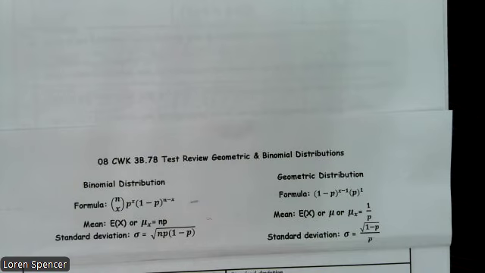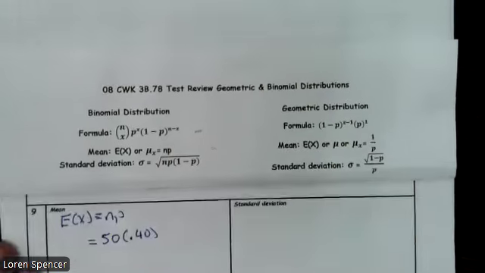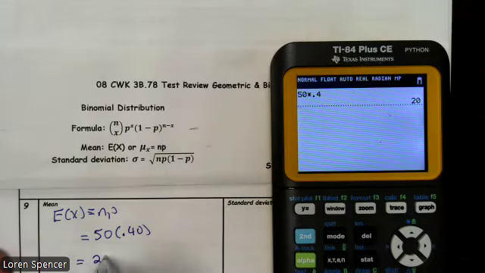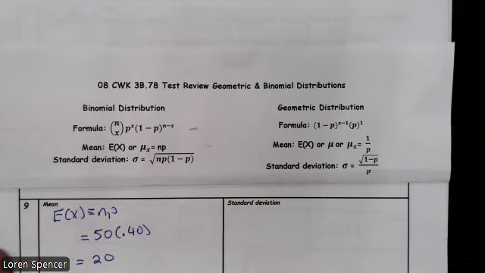And in this case, N was that group size of 50 times a probability of 0.40. And 50 times 0.4 is 20. All right. So 20 attendees.